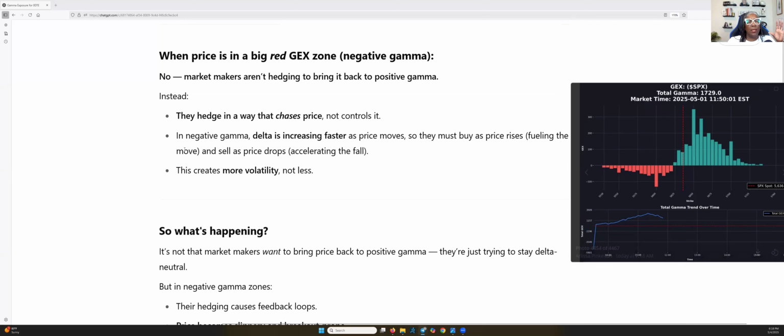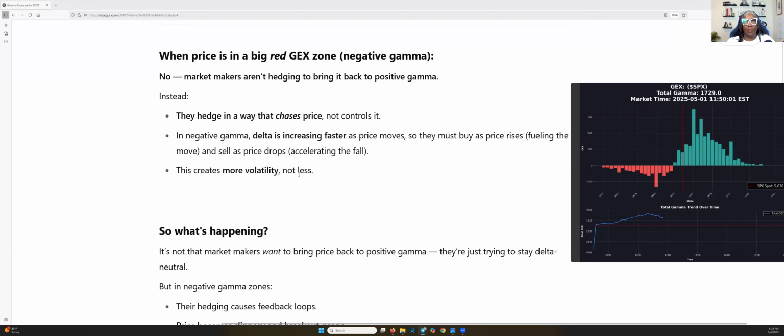So at the beginning of that, I'll talk a little bit about delta and gamma working together. This is where this information comes in, talking about how delta is fast moving and not. But in negative gamma, delta is increasing faster as price moves. So they must buy as price rises, fueling the move, and sell as price drops, which basically accelerates the fall.